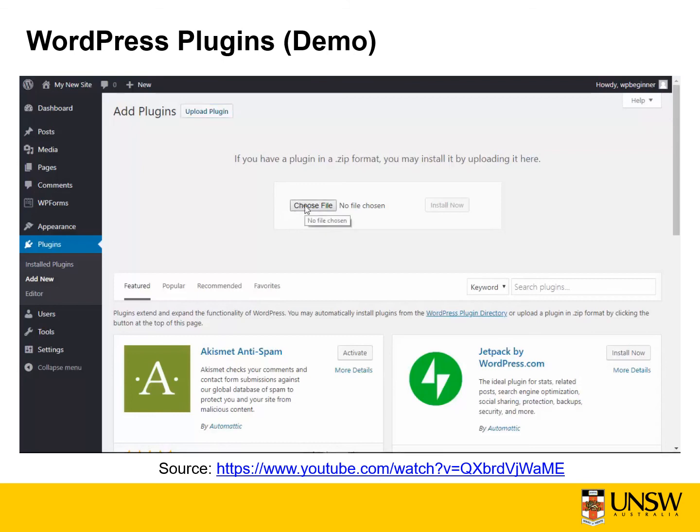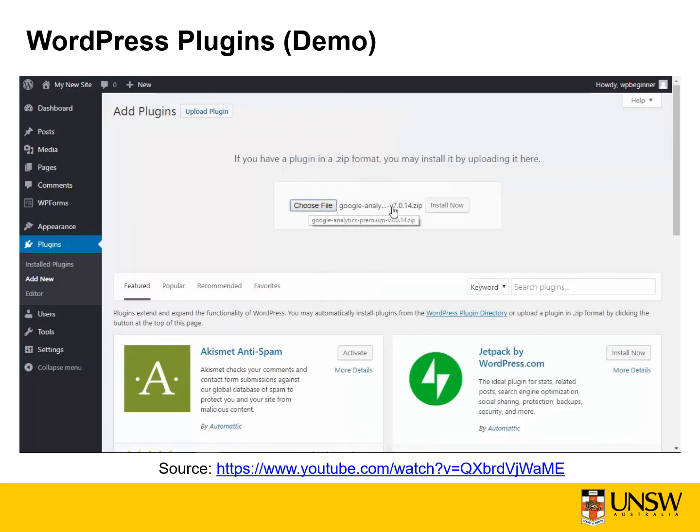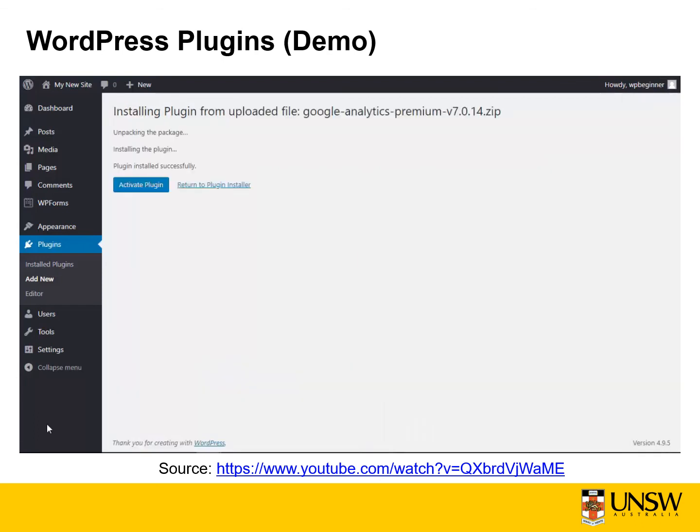From here, you can either click Choose File, or if you have it open, you can left click the zip folder and drag it. And then you see it here. Once you choose the file, you want to click Install Now, and then it will go through and install the plugin that you just uploaded. Again, once it's installed, you'll be prompted to activate the plugin if you need to activate it right now.